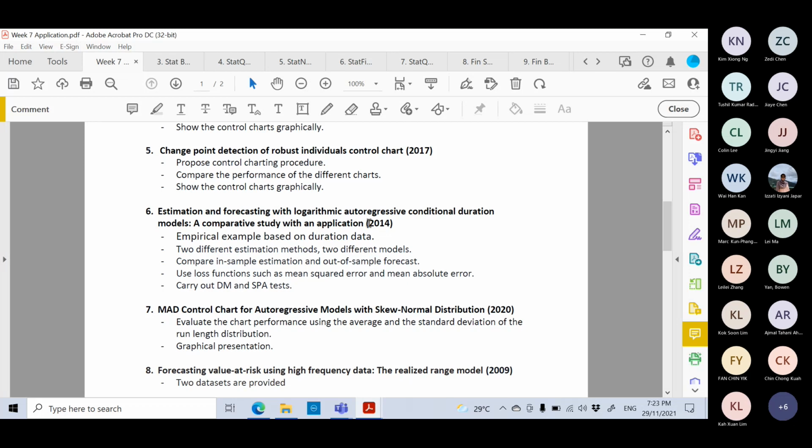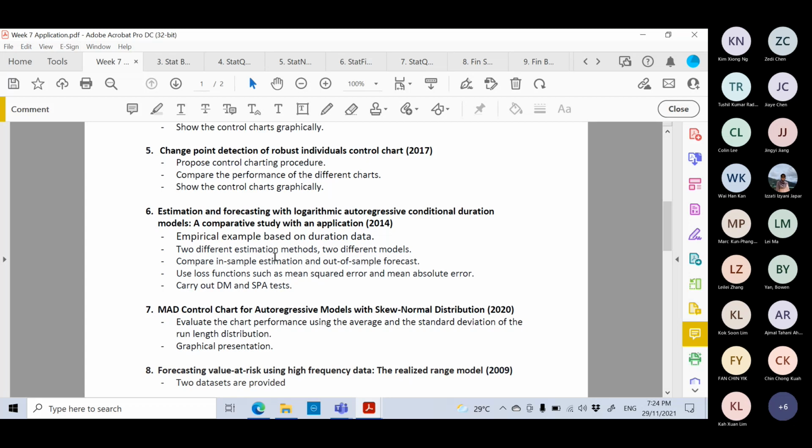So the application will be provided, and then we derive the estimation techniques using two different estimation methods, and also compare two different models. The empirical example is based on the duration data provided.